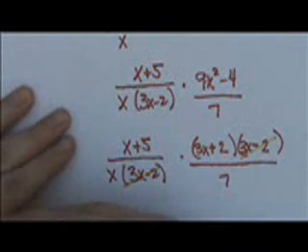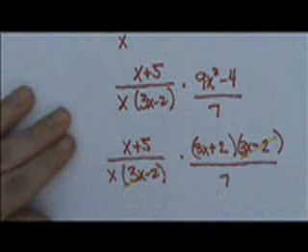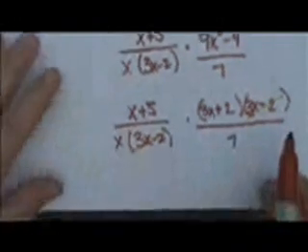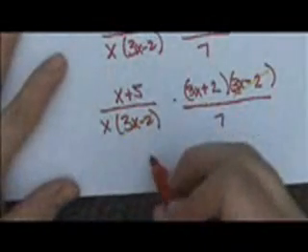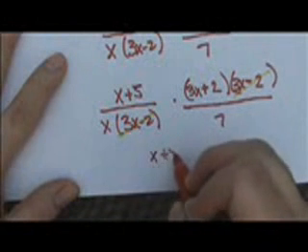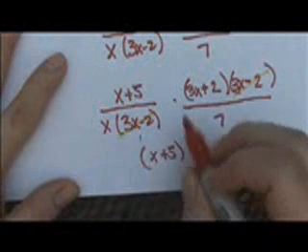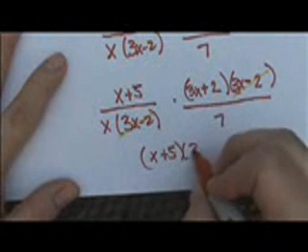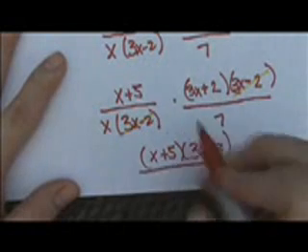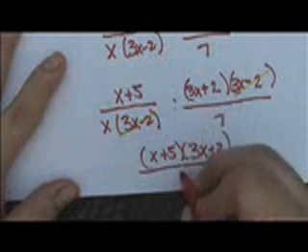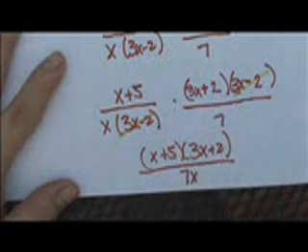The 3x minus 2's cancel. I think that's going to wrap everything up. Let's write everything together as one term, x plus 5 times 3x plus 2 over x times 7. I'm going to write that as 7x.